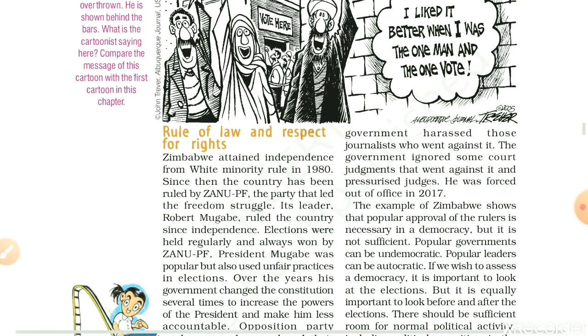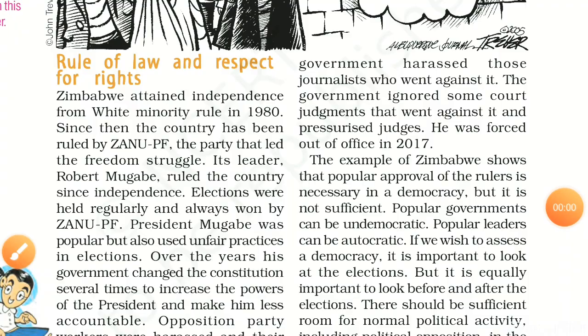Rule of law and respect for rights. In this feature, we are going to take the example of Zimbabwe. Zimbabwe attained independence from white minority rule in 1980. Since then, the country has been ruled by ZANU-PF. The full form of ZANU-PF is Zimbabwe African National Union Patriotic Front.